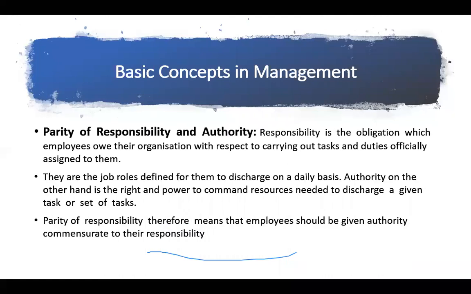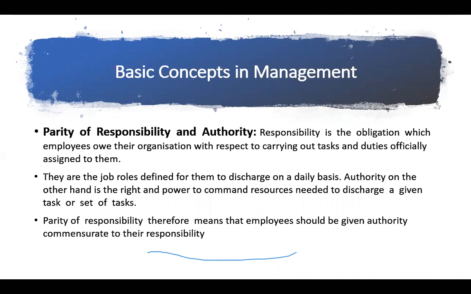The next one is parity of responsibility and authority. We need to understand these two terms, responsibility and authority. Responsibility is the obligation which employees owe their organization with respect to carrying out tasks and duties officially assigned to them.